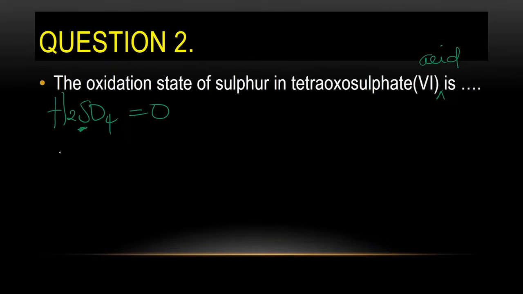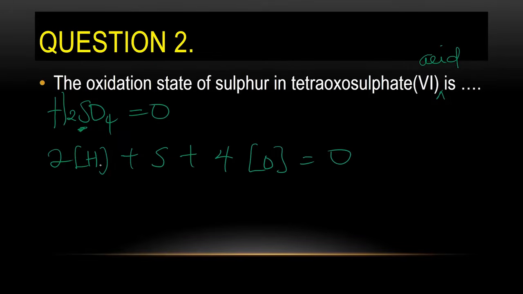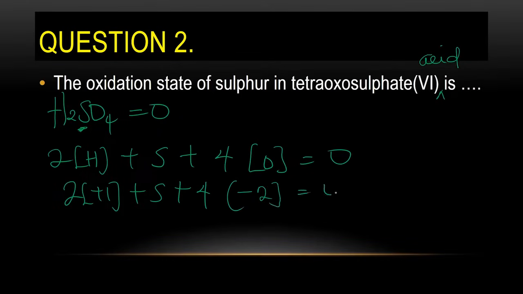We have 2H plus S plus 4O is equal to 0. Are you getting me? So what's the oxidation state for hydrogen? We put 2 because there are 2 H. The oxidation state for hydrogen is +1. So I have 2 times 1 plus S plus 4 times oxygen, which is -2, is equal to 0.